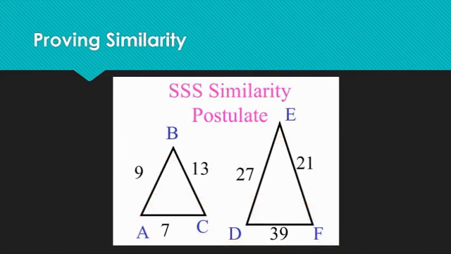And last but not least, the side side side similarity postulate. If all three sides are in proportion to each other, then you can know that the whole triangle is in proportion, and that all the angles are congruent as well.